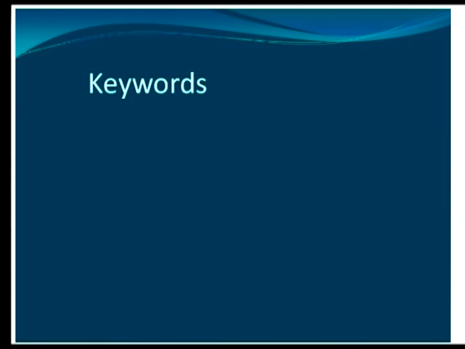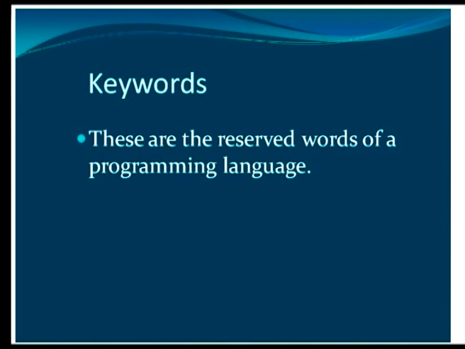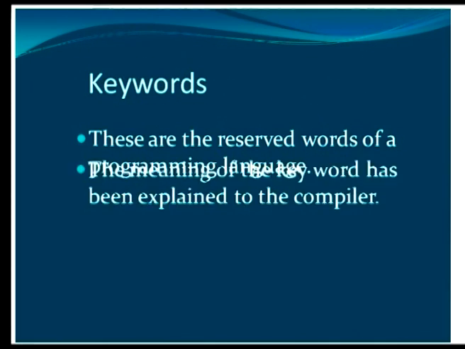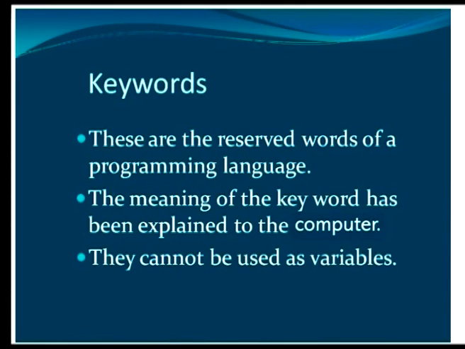What is a keyword? We define keywords as the reserved words of a programming language. The meaning of the keyword has been explained to the computer. They cannot be used as variable name.